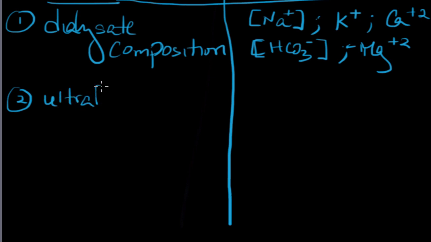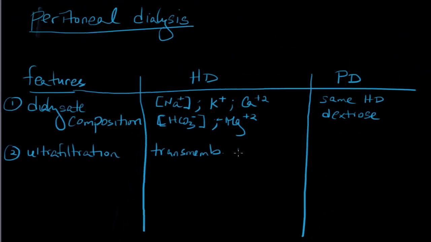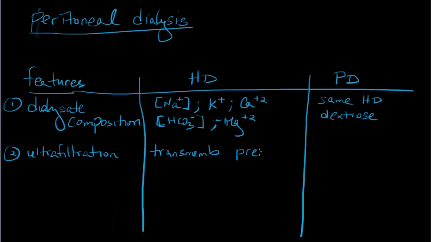So how do we get water out of a hemodialysis patient? We hook them up to a dialysis machine and we exert a pressure on the filter. And that pressure, called the transmembrane pressure, causes water to move from one compartment, the blood compartment, to the dialysate compartment. Well, in PD, you really can't exert a pressure.